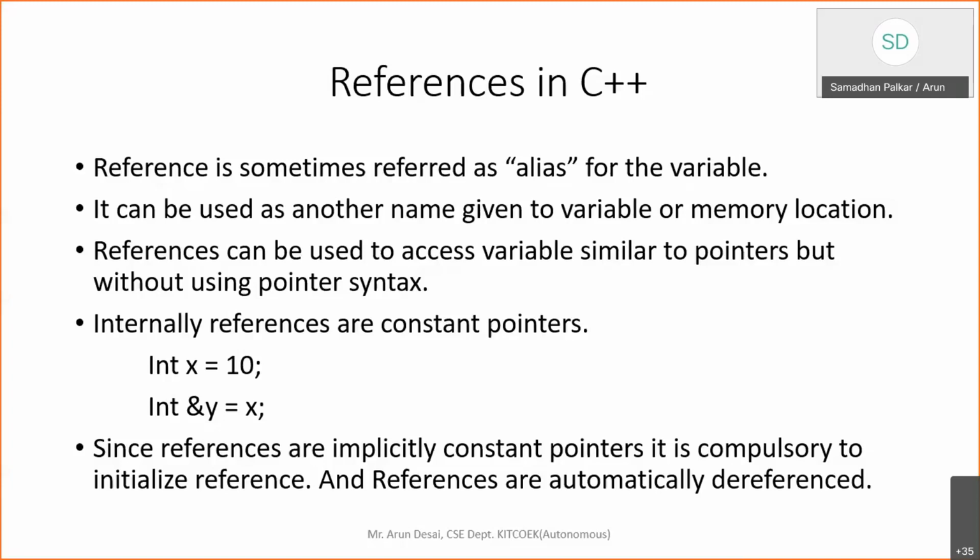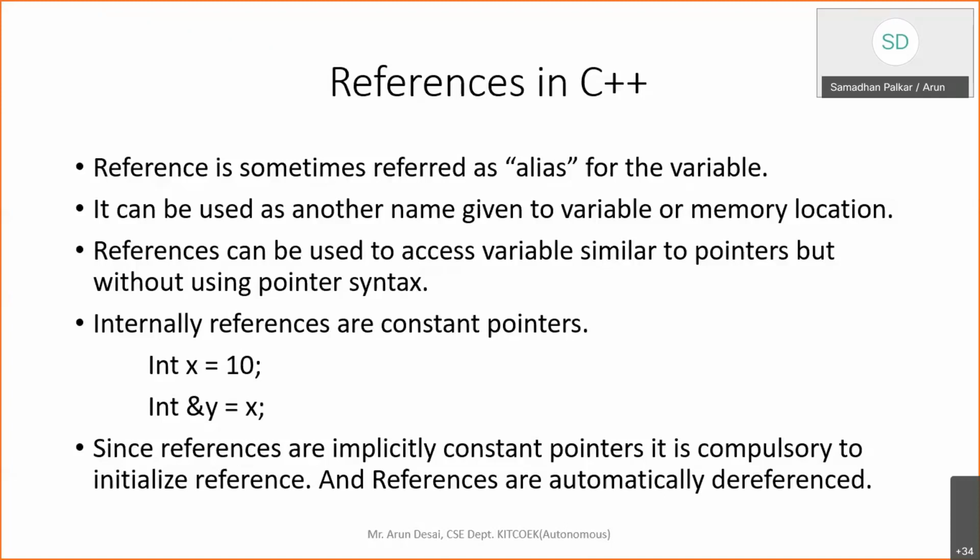You can just create a reference by using ampersand. Whatever you want to initialize for that reference, you can initialize. It is simply an alias name for a given variable, right? But internally, the compiler treats this reference as a constant pointer, right?